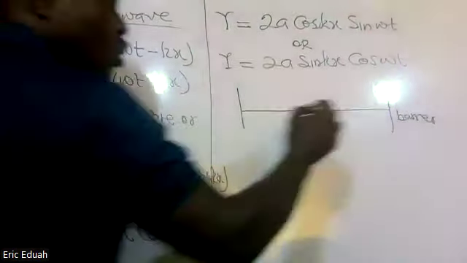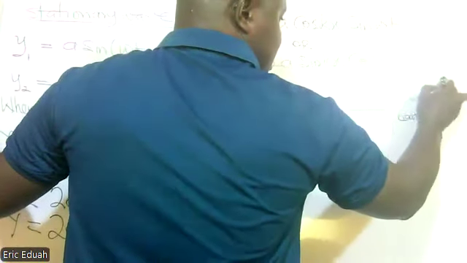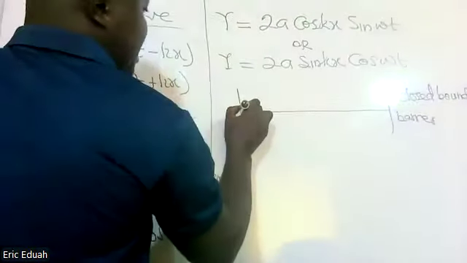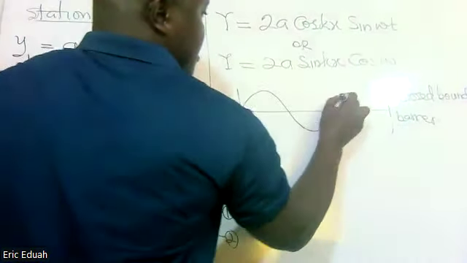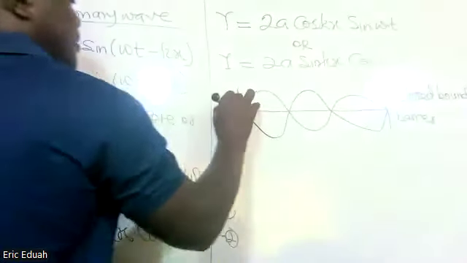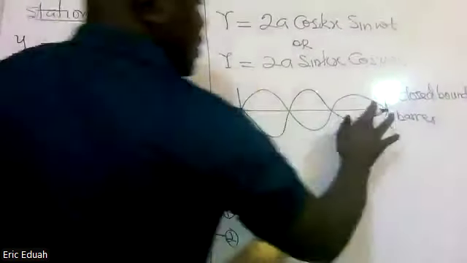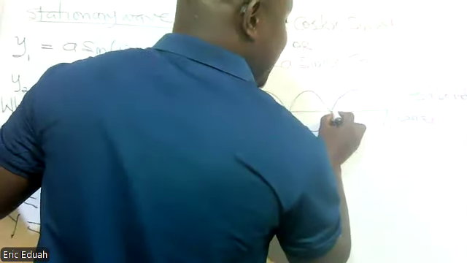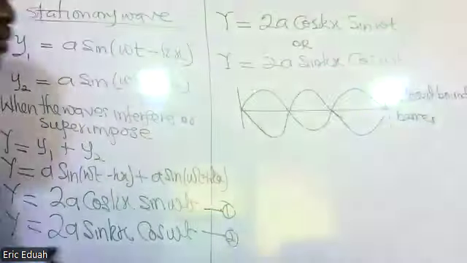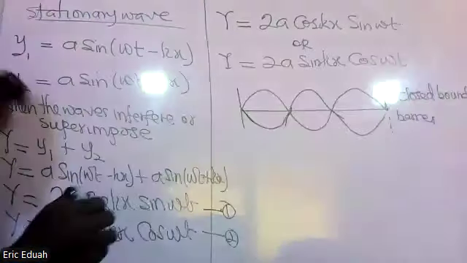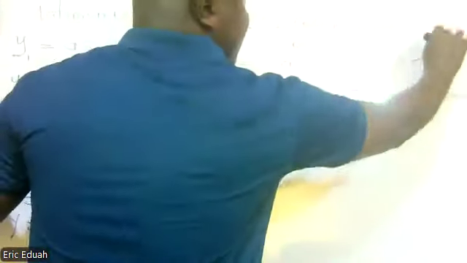If you have closed ends, the wave is like this, and when it hits the barrier, it reflects to form a stationary wave, which looks like this. When it is like this, its equation will be equal to this.